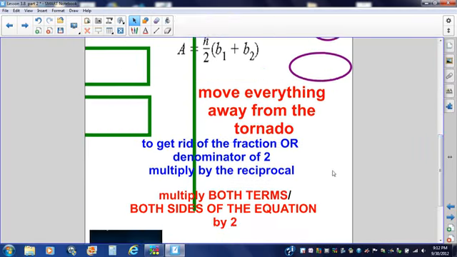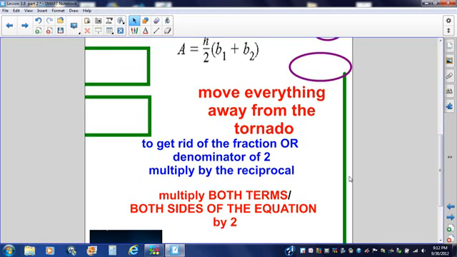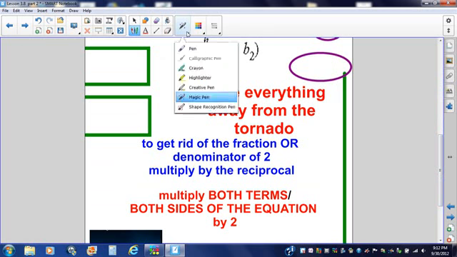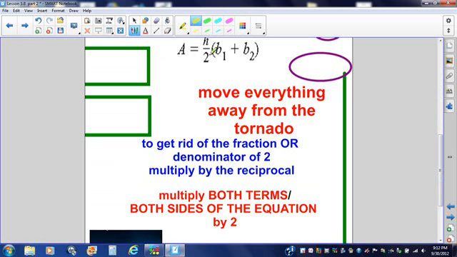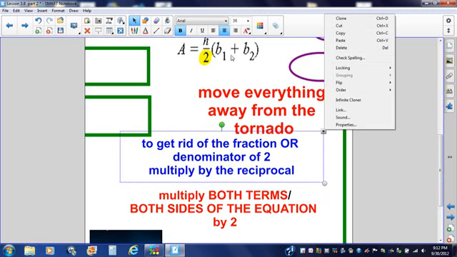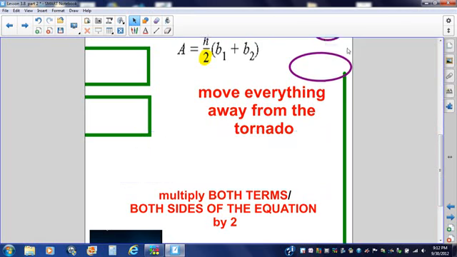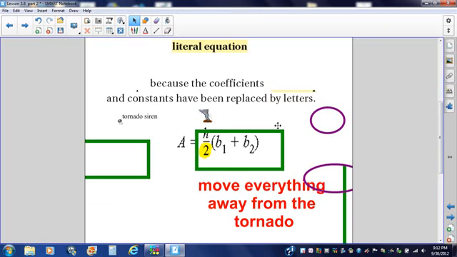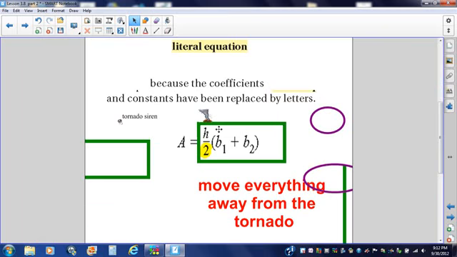My first suggestion is to get rid of the fraction, this fraction right here, the denominator of 2. You multiply by the reciprocal. So I am going to multiply everything in this box by 2.